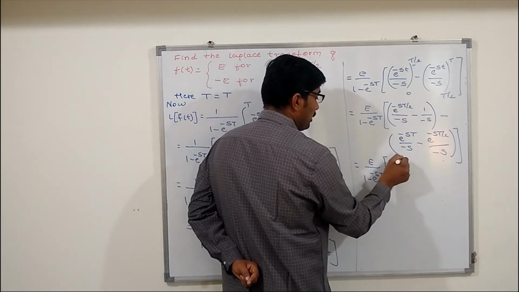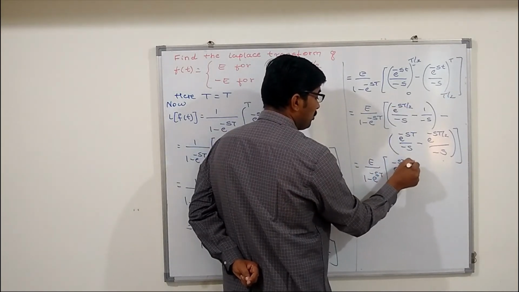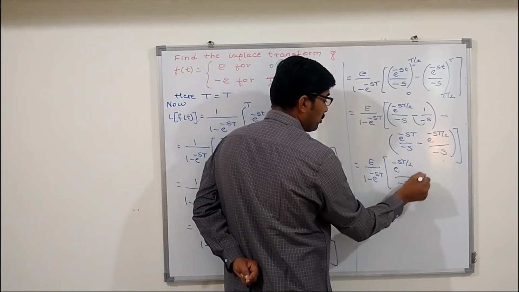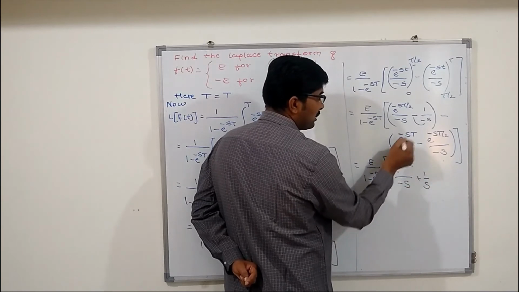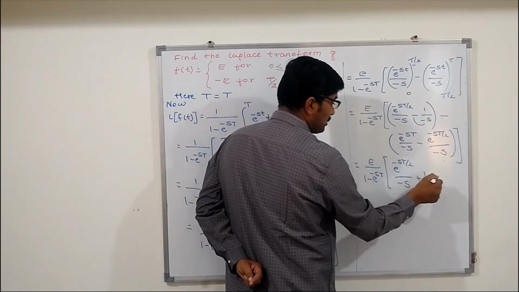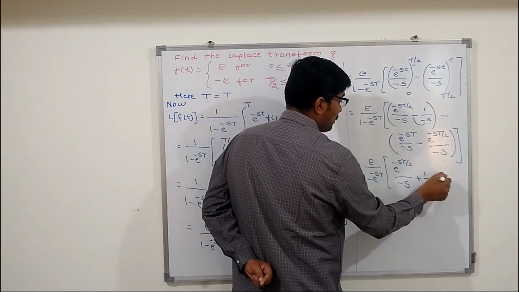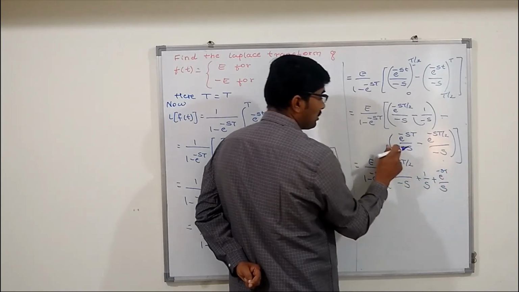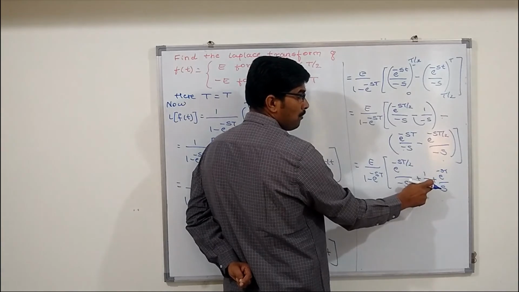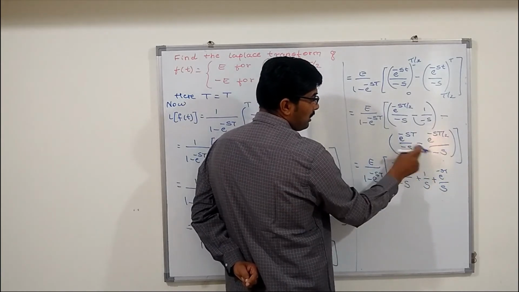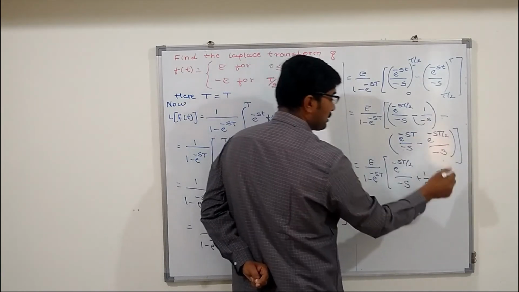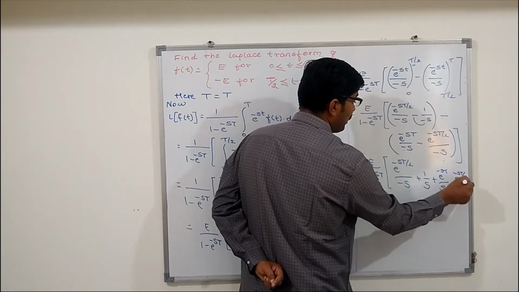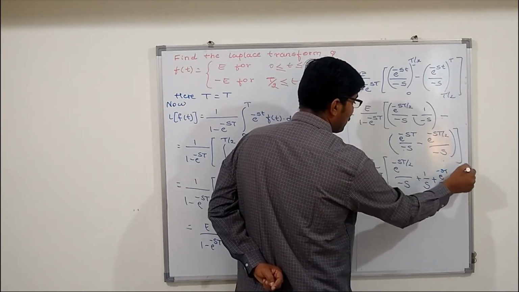Here the first term you will get e raised to minus sT by 2 divided by minus s. Then this minus into minus is equal to plus 1 by s. Then this minus into this minus is equal to plus e raised to minus sT divided by s. Yes, because this minus into this minus is equal to plus, I have written. Then minus minus is plus, into this minus is equal to minus e raised to minus sT by 2 divided by s.